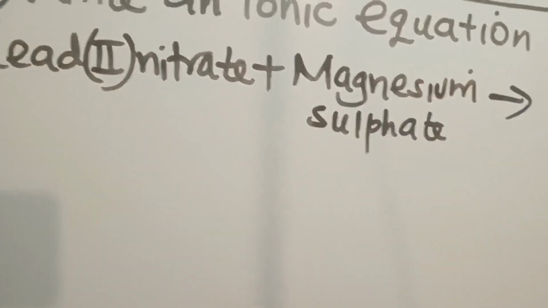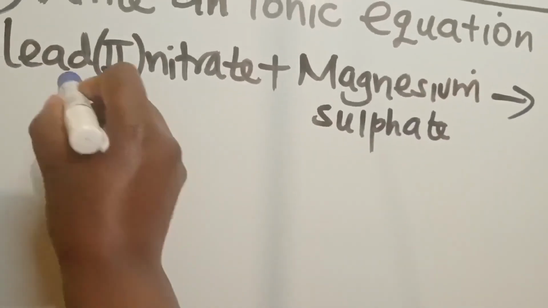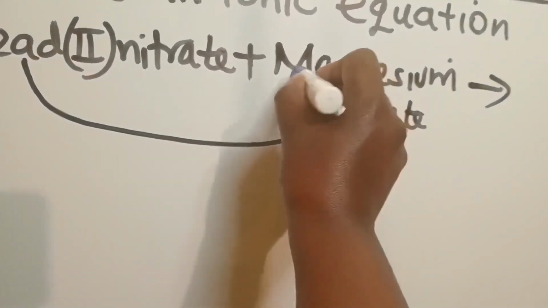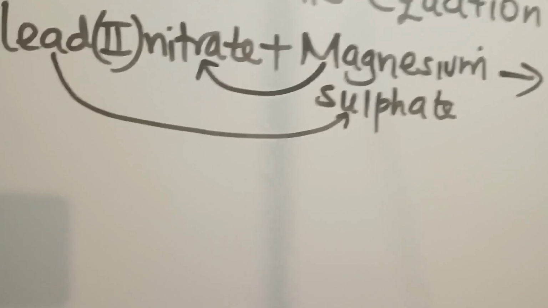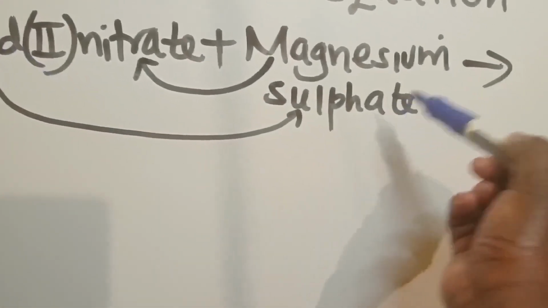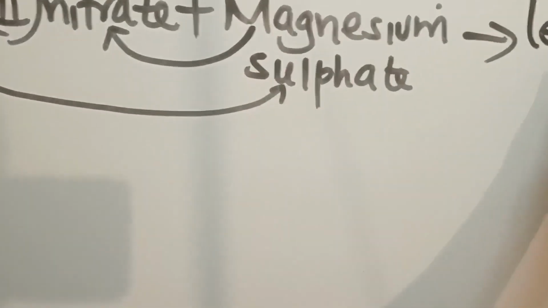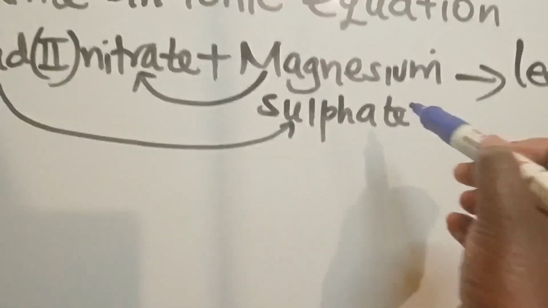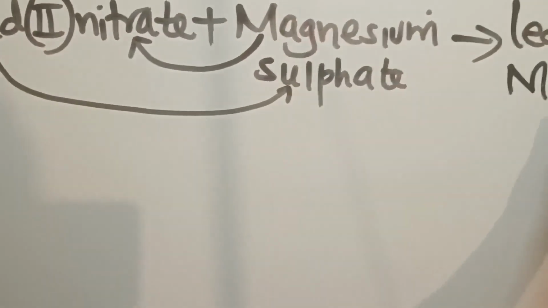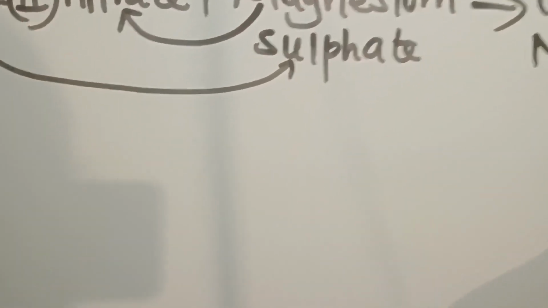I guided you through to knowing how they will be exchanging the radicals. So lead takes the sulfate while magnesium takes the nitrate. So on the product side we have lead 2 sulfate plus magnesium nitrate.